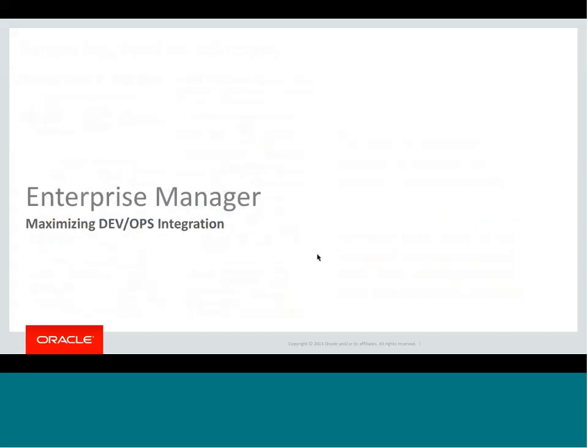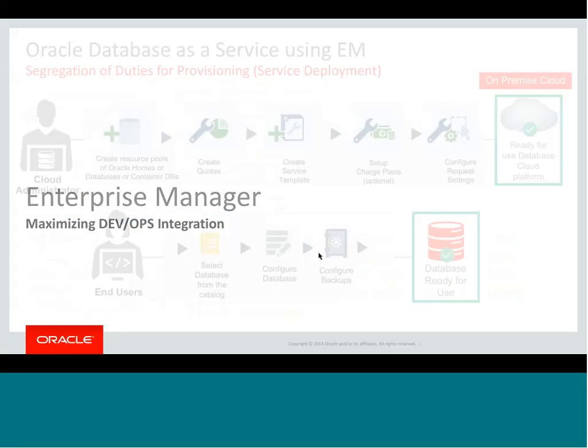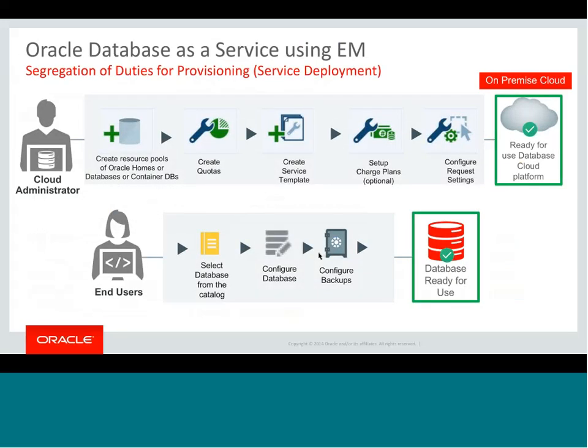So let's talk a little bit about Enterprise Manager and how this integrates and how it affects the organization, quite frankly. When you look at the segregation of duties and what we're trying to achieve here, we want to give the cloud administrator, who quite frankly is a DBA, let's be honest, this individual knows Enterprise Manager and understands the flow of database provisioning. So a cloud administrator or a DBA administrator that's on staff today could easily take control of things like pool creations, quota administration, service templates.